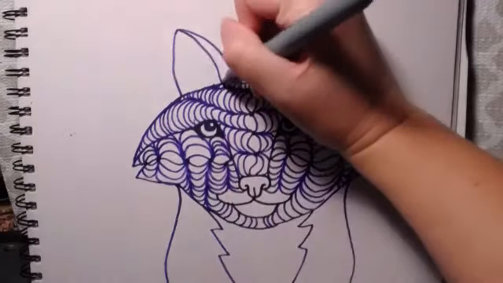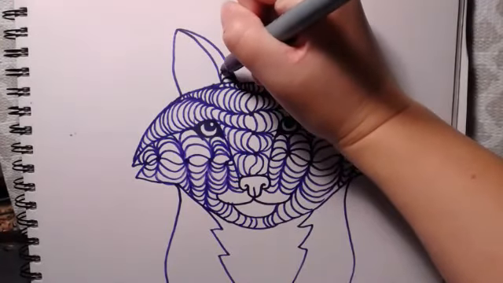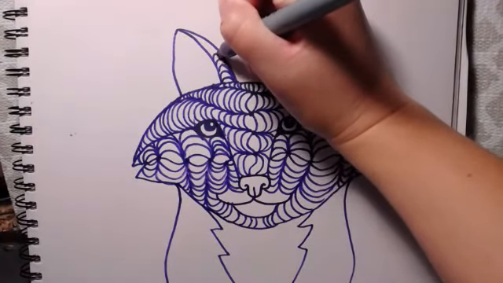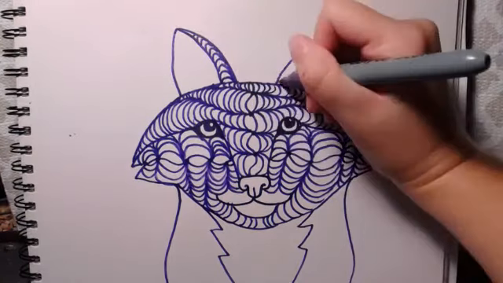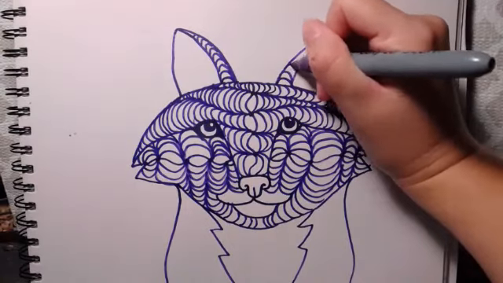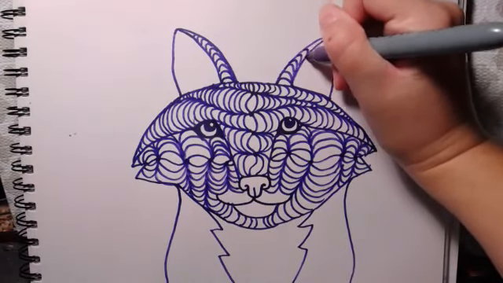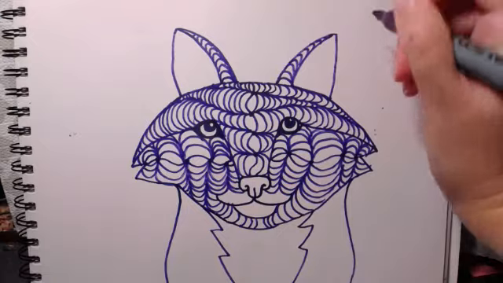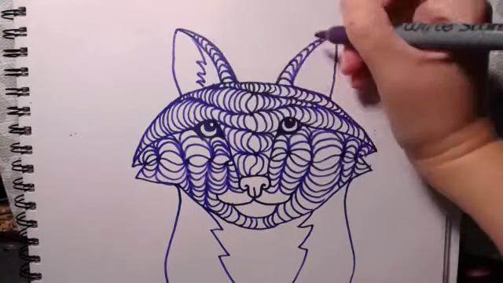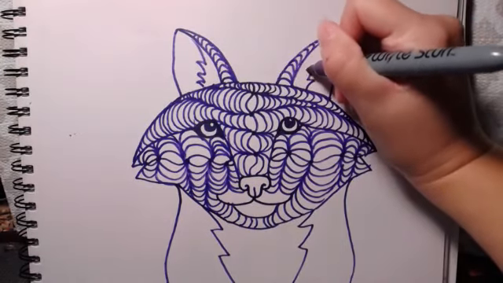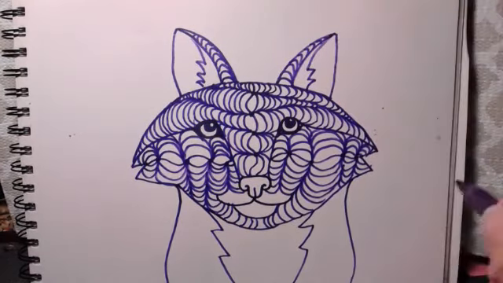And on the ears, I'm just going to do those U shapes to fill up this portion of the ears. And I'm going to do the same thing on this side. And then I'll add my little tuft of hair that I usually add in every other video. It's just some zigzags, just like that.